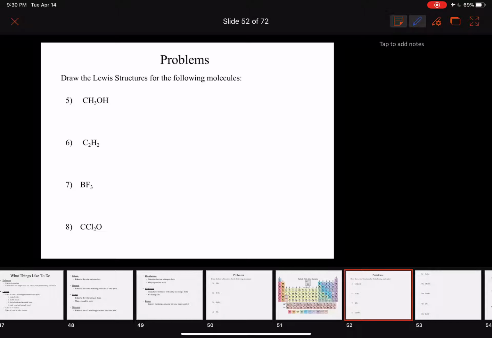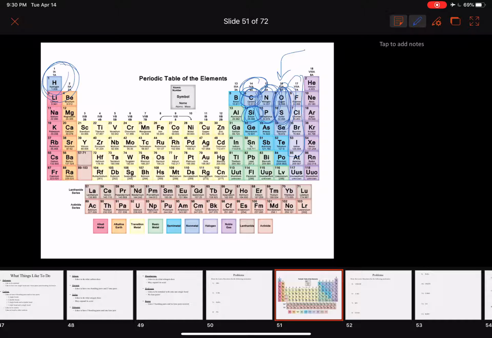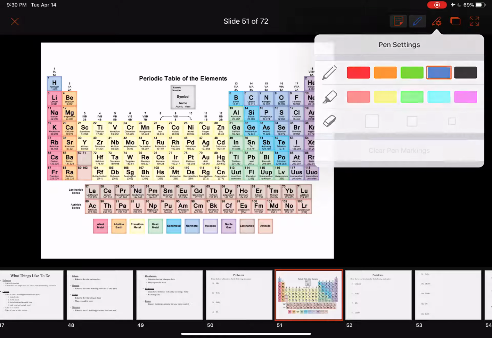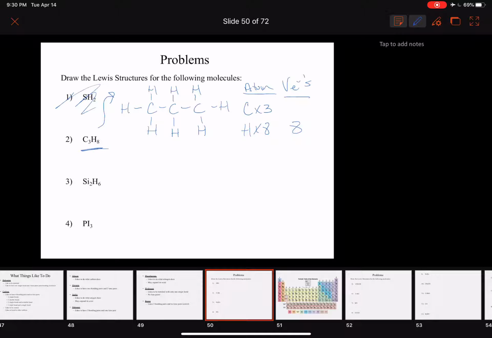So we're going to go ahead and put 8 here because each hydrogen brings 1 electron and we've got 8 of them. And then carbons, right here we can see we're in group 14 or 4A. Group 14 or 4A. So we have 4 electrons from each of our carbons, and we've got 3 of those. So 4 times 3 is 12, and that gives us a total of 20.